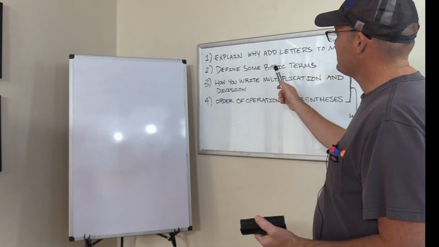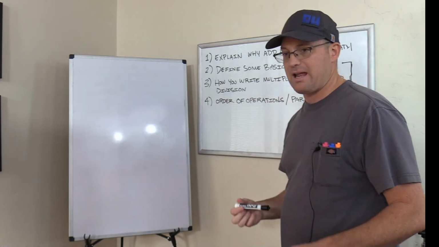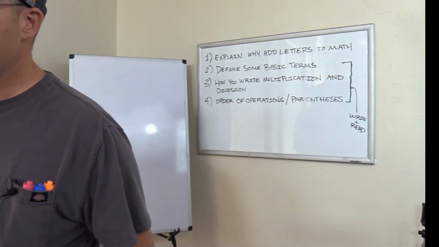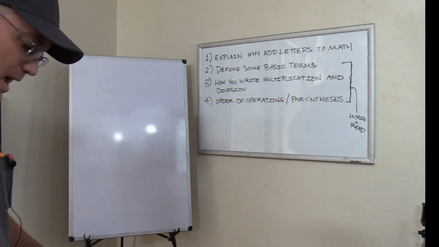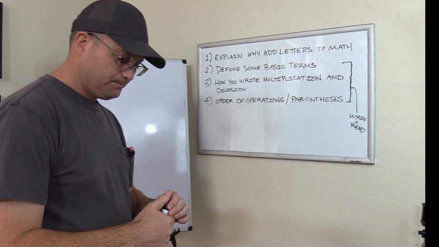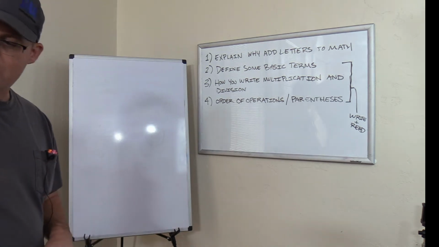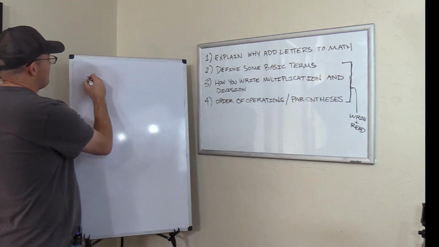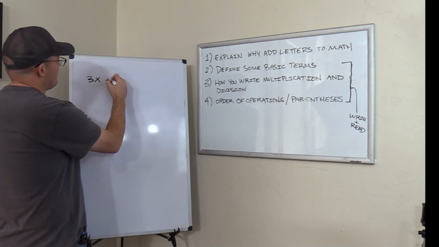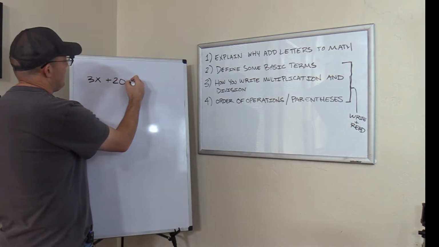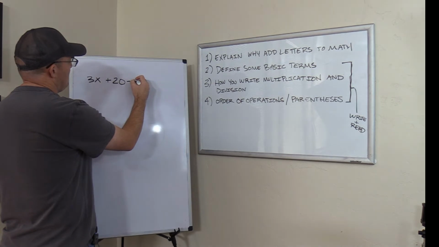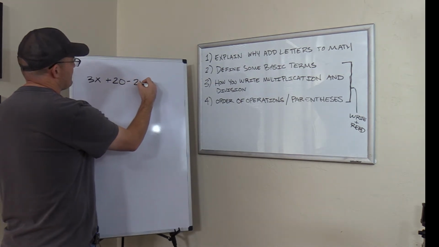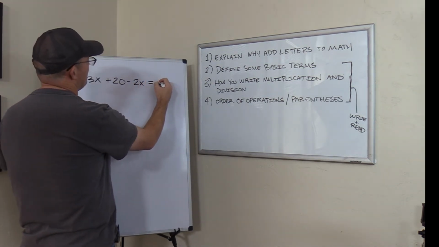Okay, now we want to define some basic terms or phrases in algebra. Okay, so I'm going to write what we call an equation on the board here, and then we'll talk about what that means. Okay, so I'm going to write 3x plus 20 minus 2x equals 14.